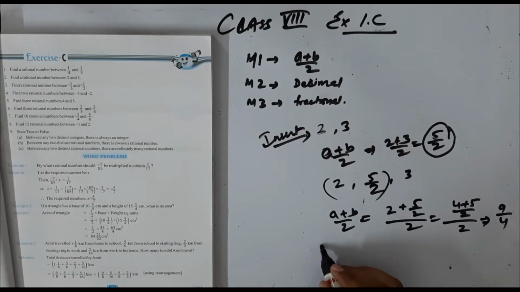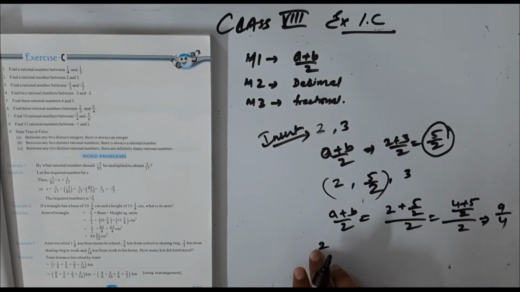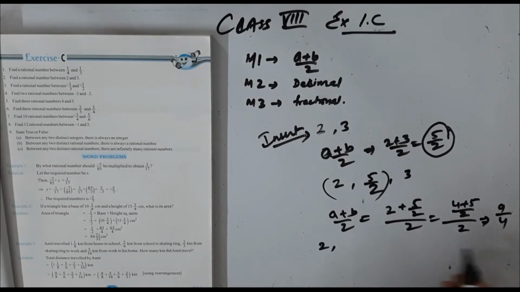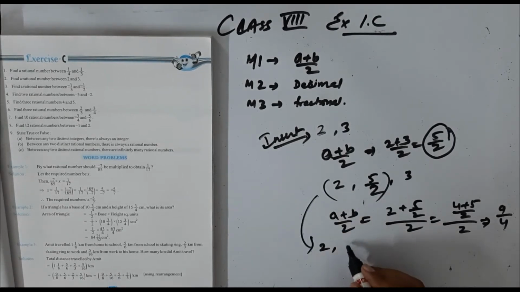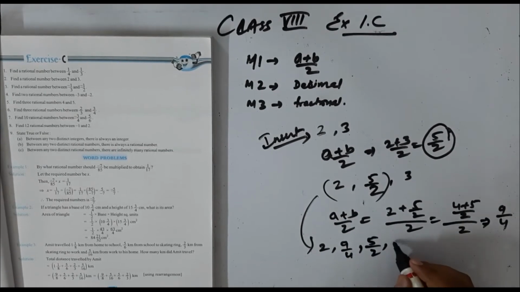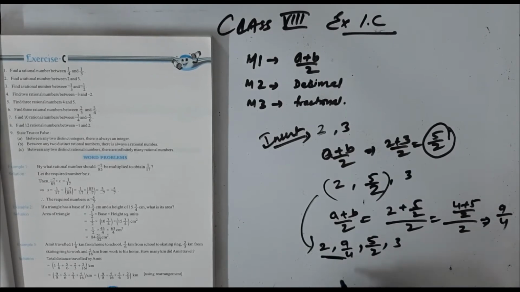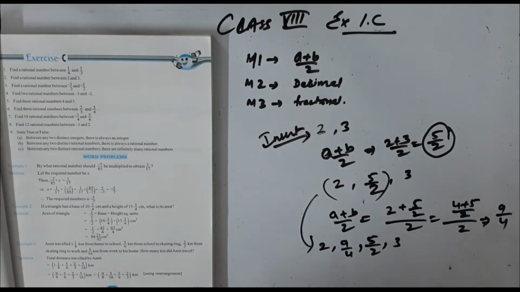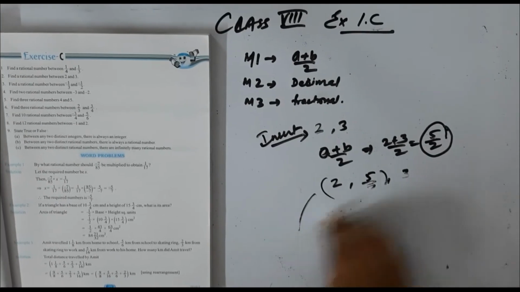So 9 upon 4 will be written between 2 and 5 upon 2. So we have 2, 9 upon 4, 5 upon 2 and 3. Suppose they ask for one more, you can insert one more, and again one more. So it will go on to infinity. But this method is going to take so much time.